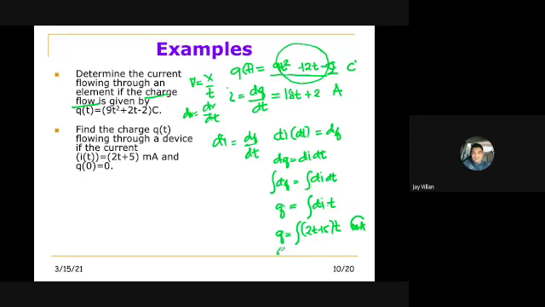So therefore this becomes q equals t squared plus 5t. Okay, so can you remember how to integrate this?